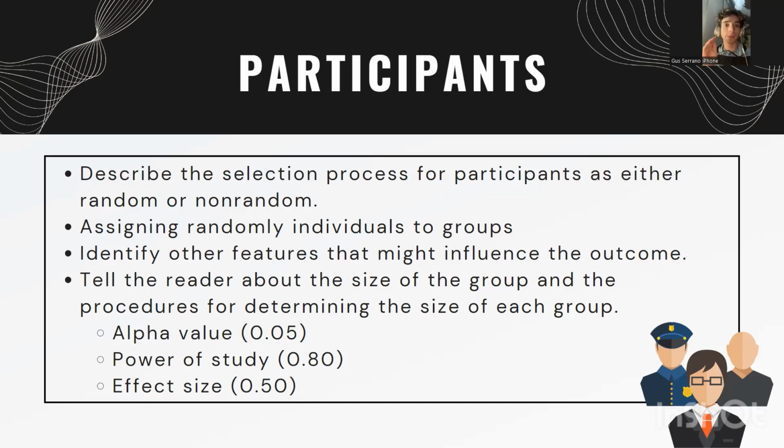Third, the effect size, the expected differences in the means between the control and the experimental groups expressed in standard deviation units. Researchers already have set and recommended values for these three factors: alpha 0.05, power 0.80, and effect size 0.50.